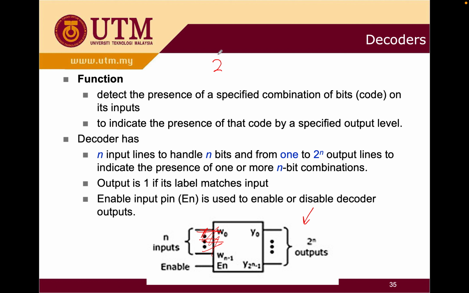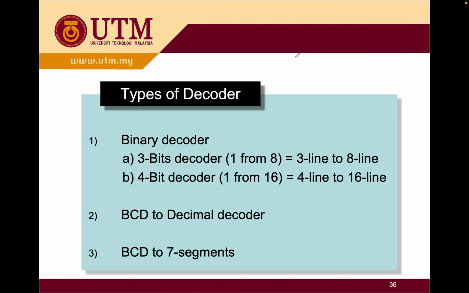If you have 2 bits, you're going to have 1, 2, 3, 4 outputs. Let's say these are A1, A2, B1, B2, and your output will be 2 to the power of n. To the power of 2, you're going to have 4.